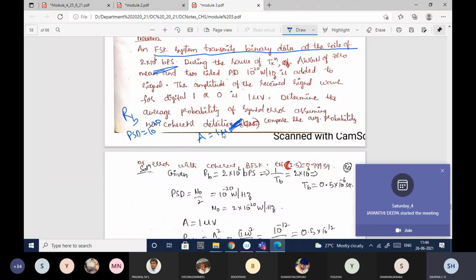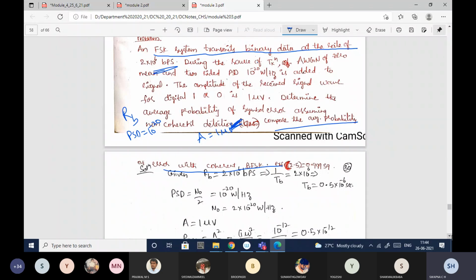The formulas related to coherent detection and non-coherent detection are different. So you need to find it for the non-coherent detection, and compare the average probability of error with the coherent BFSK. You need to find it for coherent also and non-coherent also. The equations are different.